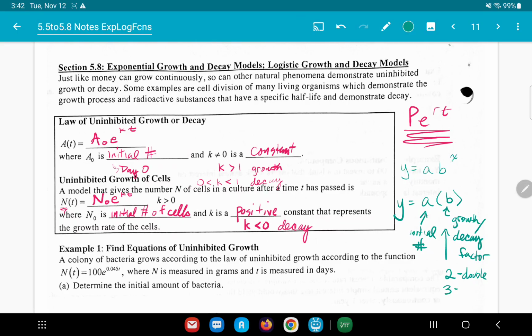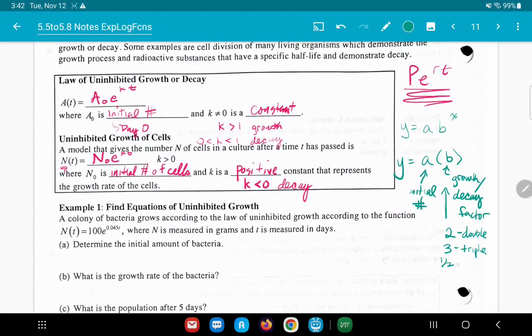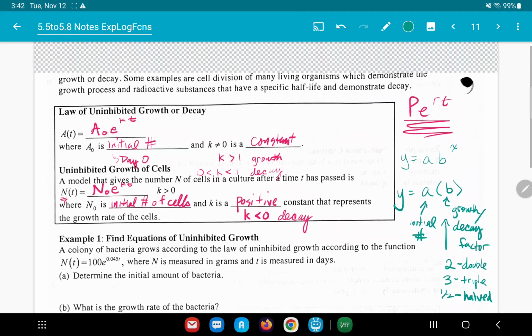And if there were a 3 in there, you're saying that the population is tripling. If you're saying that there's a half in there, then because the b value is between 0 and 1, you're looking at an exponential decay problem. And what you can say is that the population is halved. And so by using these particular numbers, you can go with specific examples of how a population is increasing.